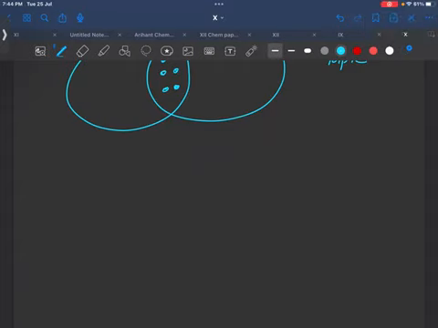So in alkanes, they will just have single bonds.